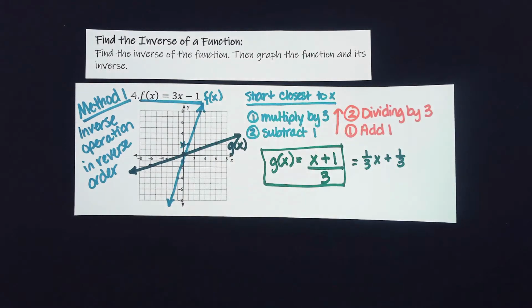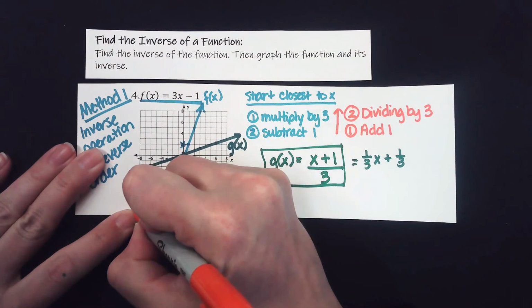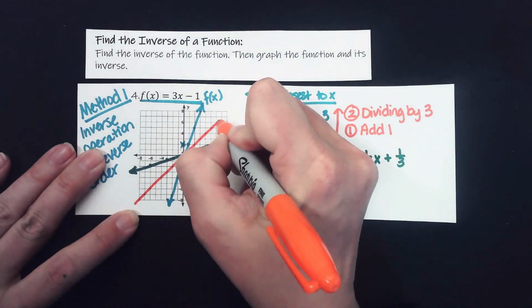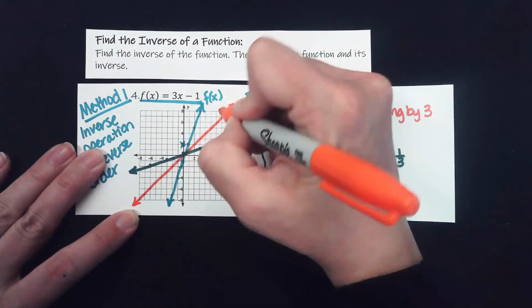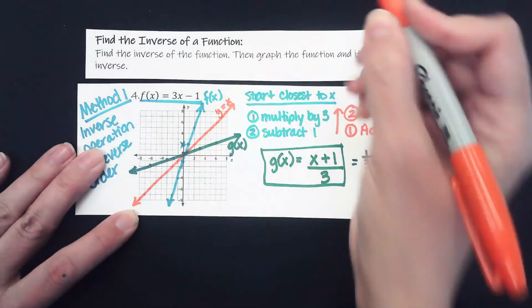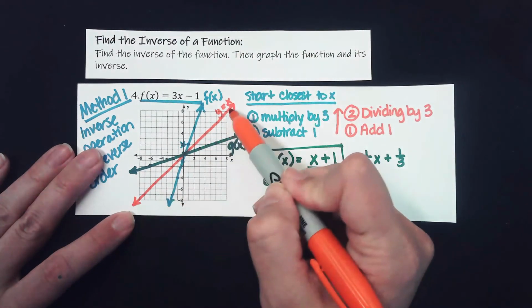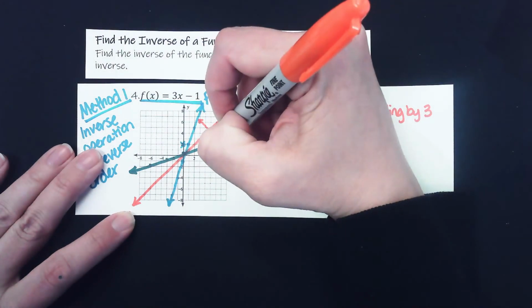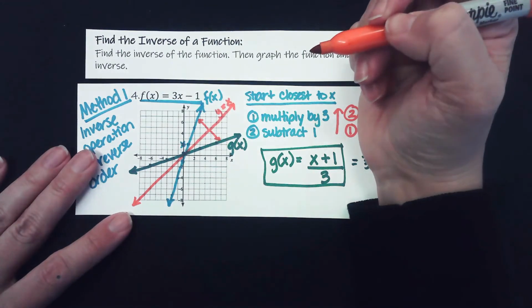Now, a way to check that you graphed it correctly is to graph the line y equals x. So it has a slope of 1. It's right through here. So this is y equals x. If you notice, this and this are the same distance.